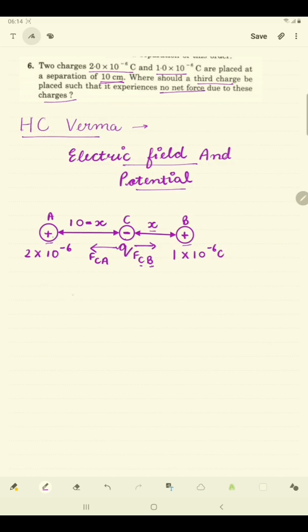So there is only one formula that we require for solving this question, that is Coulomb's law, K Q1 Q2 upon R square.